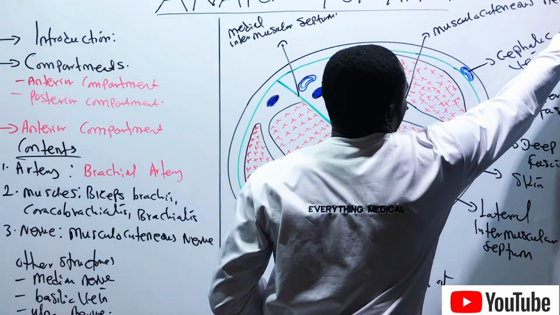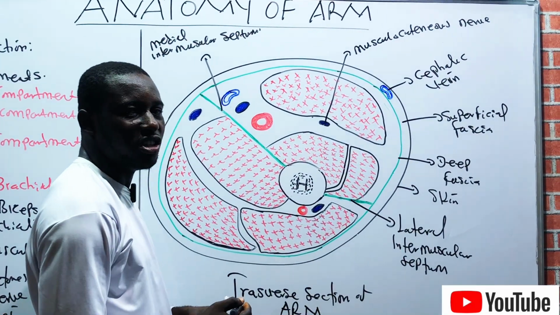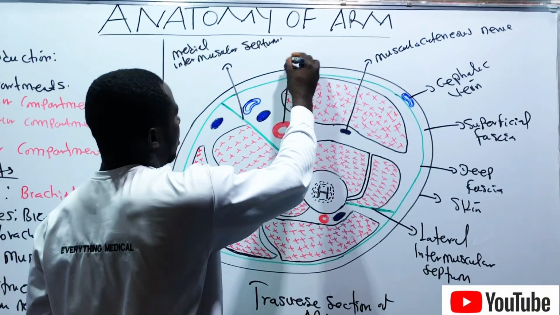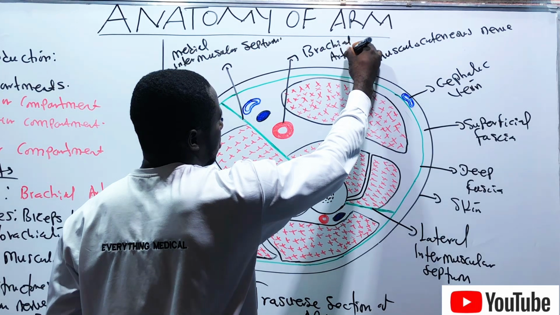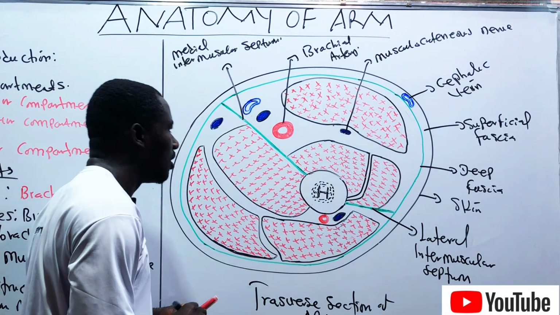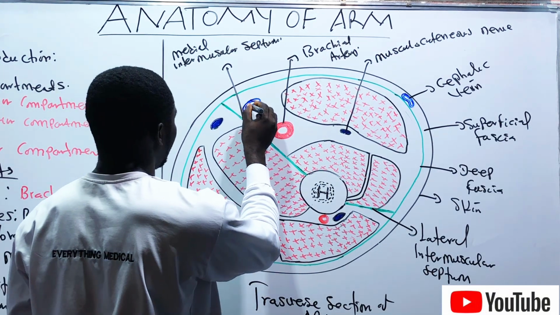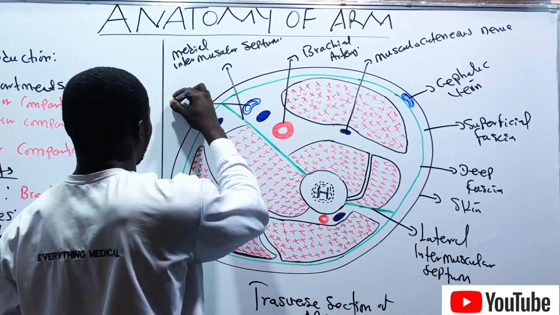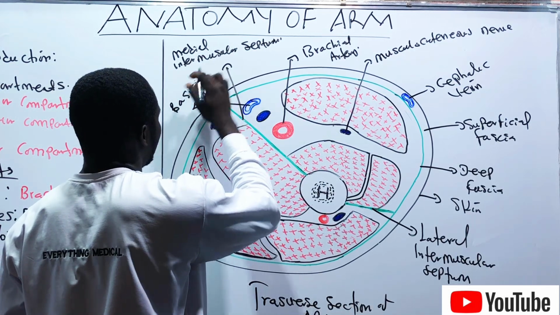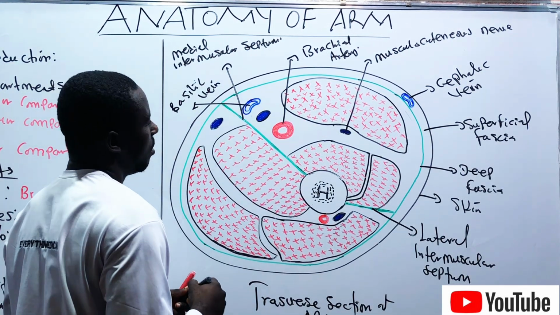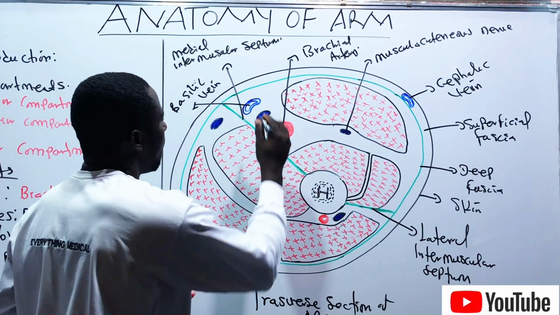We have our chief artery, which is the brachial artery. Then we have our vein, which is the basilic vein.